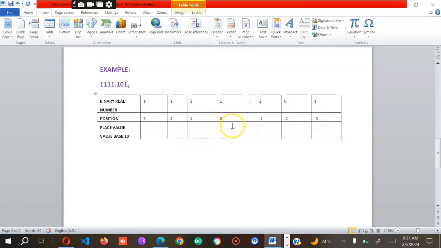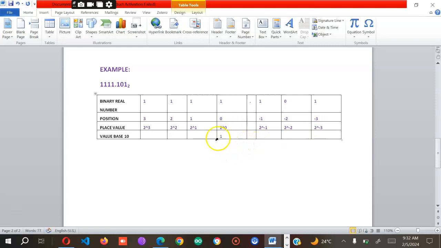Then this is 2 raised to power 0, 2 raised to power 1, 2 raised to power 2, 2 raised to power 3. And on the other side, we have 2 raised to power negative 1, 2 raised to power negative 2, and 2 raised to power negative 3.